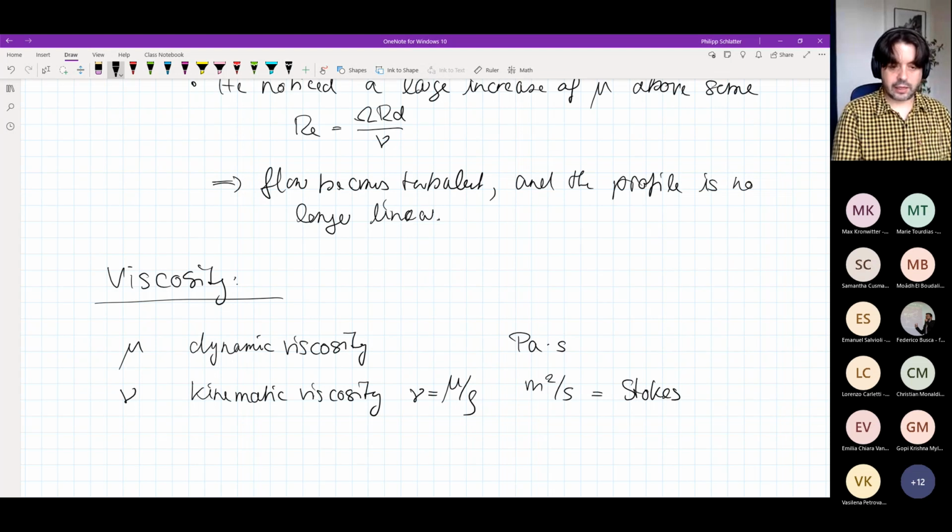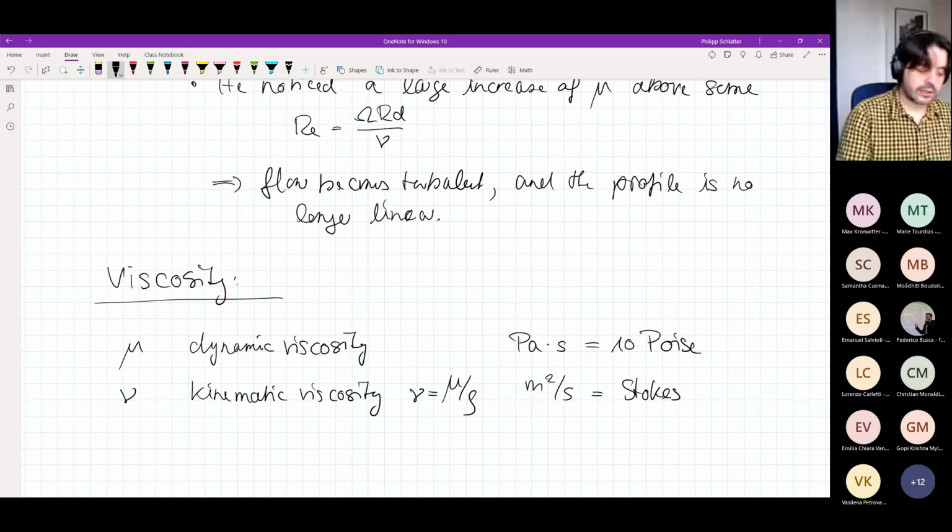So that's exactly Stokes, or also Pascal times second. So the unit of mu has a name, and actually this is called Poise, from Poiseuille, and actually this corresponds to 10 Poise. So these are slightly older units that are not used anymore. They're certainly not SI units, but it's maybe important to know that these existed.